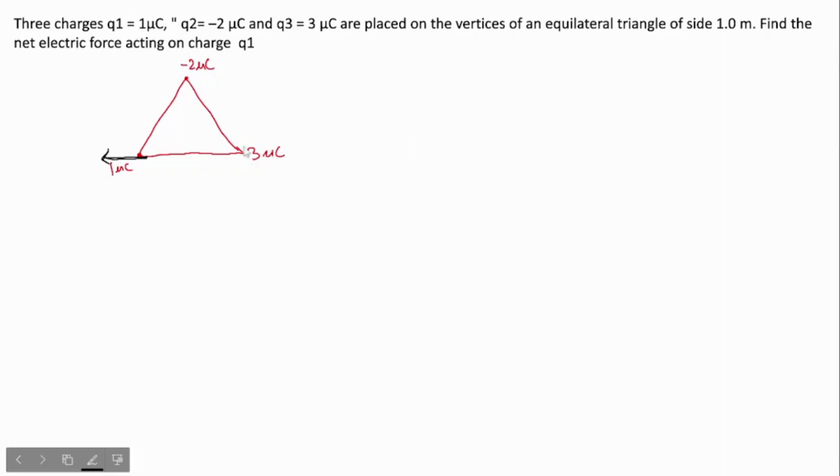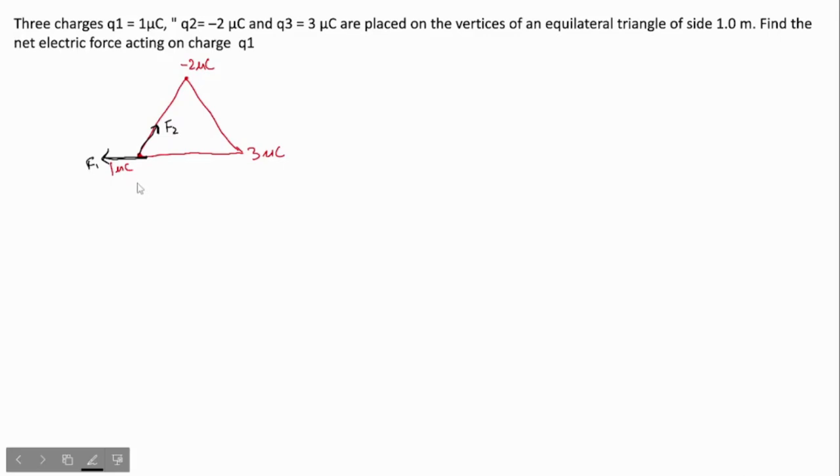And the force applied by the -2 microcoulomb charge on Q1 will be in this direction. You can call them F1 and F2.